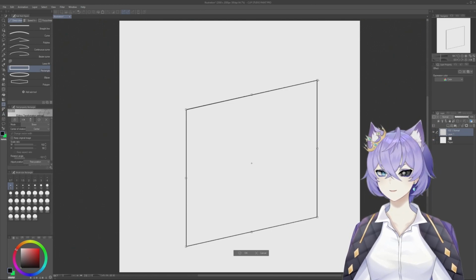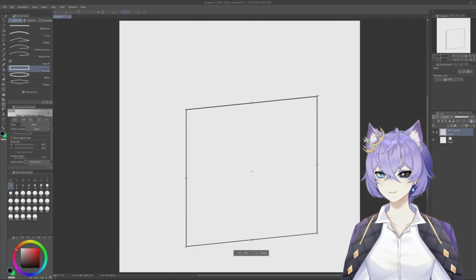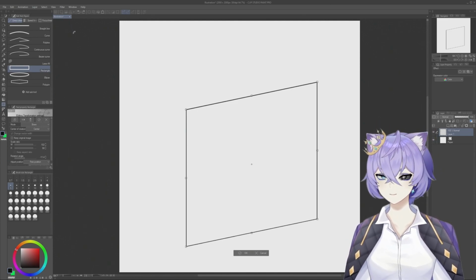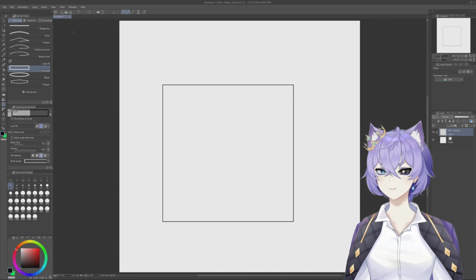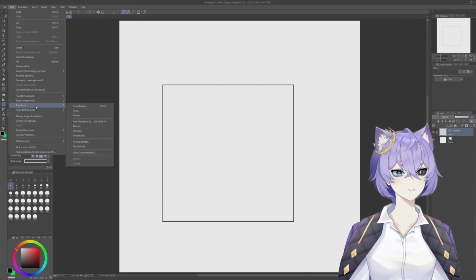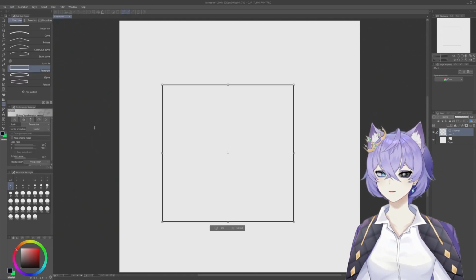Okay, so I have this. Technically speaking, this should be able to turn. Hold on. Go back. Go back. All right, edit, transform. I want to kind of perspective, maybe?